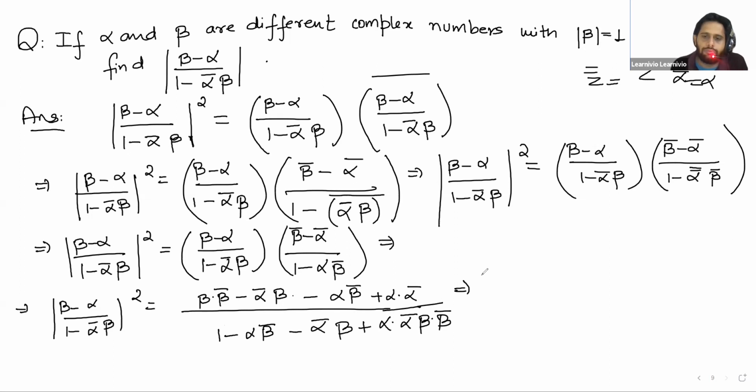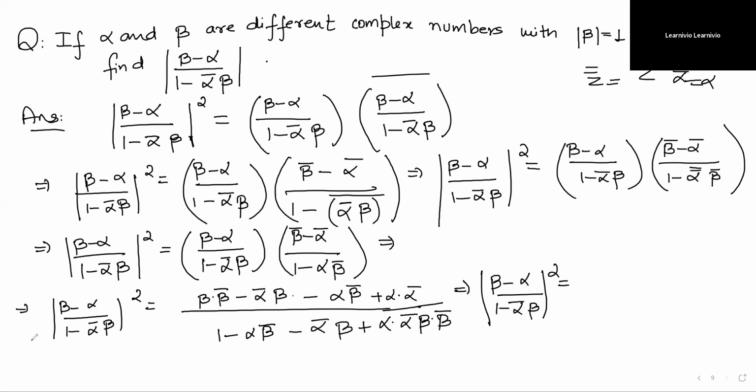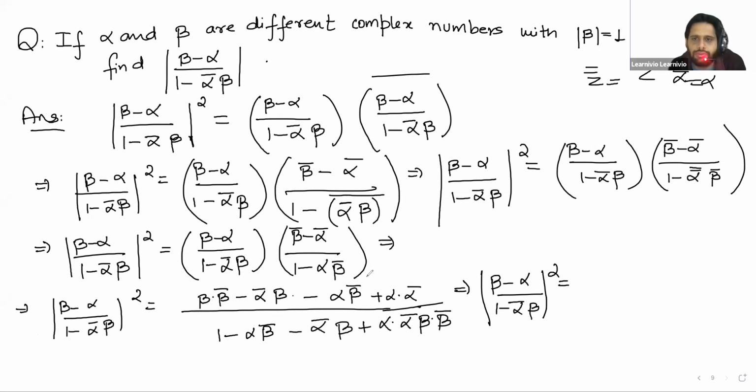So beta minus alpha over 1 minus alpha conjugate beta whole square would be equal to this. Yusra, Safan, please check here. This step is clear. Yes, sir.